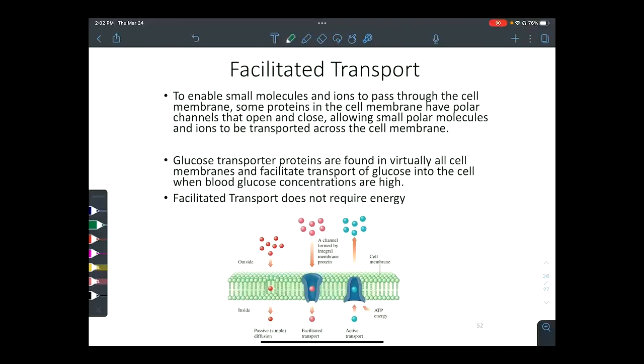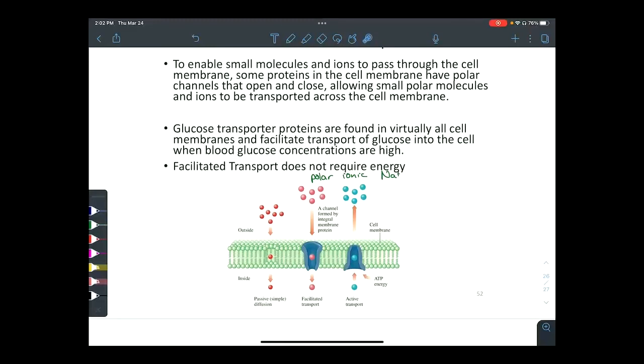The next one is facilitated transport. These are really important for polar molecules or ionic substances, something like sodium plus. So these are bigger molecules. They cannot wriggle through the phospholipid bilayer, so the cell has to make a channel for it because the molecule's too big.